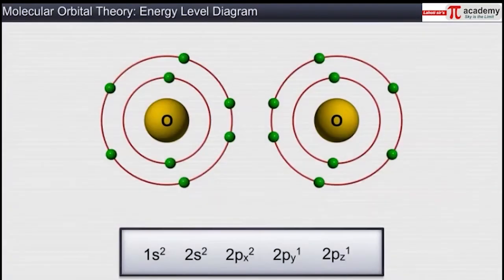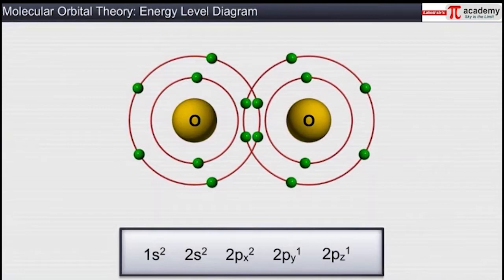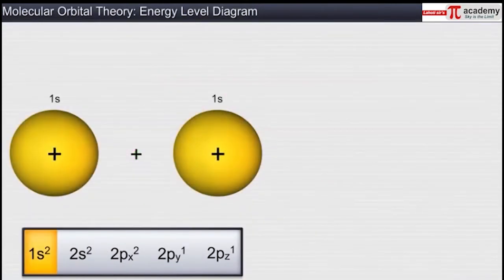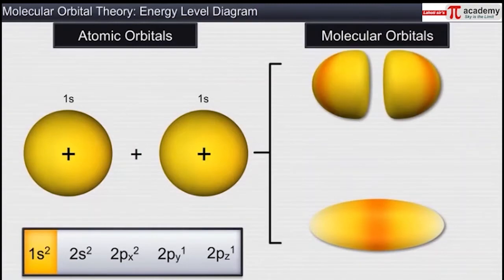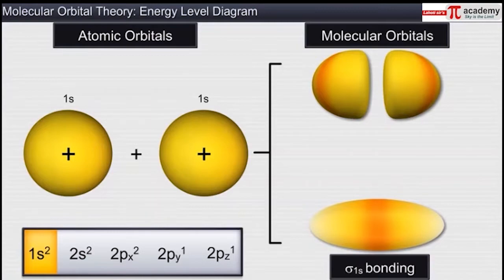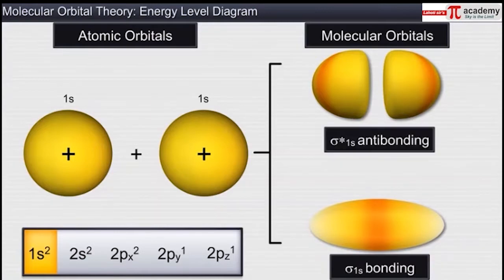When two oxygen atoms come together, their 1s2 atomic orbitals combine to form 2 molecular orbitals. Their electrons are concentrated along the bond axis. Hence, they are called sigma 1s bonding and sigma star 1s anti-bonding molecular orbitals.